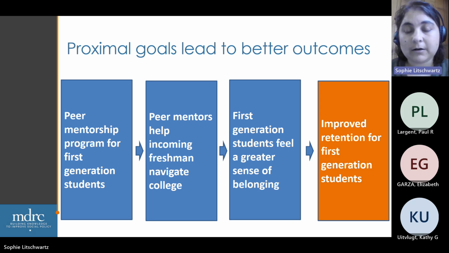Improved retention is the outcome here, the thing I finally want, but it's going to be really hard for me to notice that for my specific goal. It's going to be much easier for me to measure their sense of belonging and to pick that up when I create a measurement. So I'm much better off, instead of looking at retention, looking at a survey measure of student belonging.